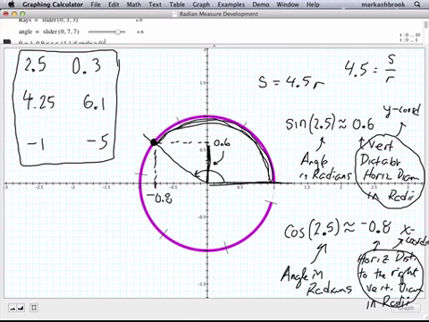Okay, so all I want you to do, just to finish this up, is a little bit, like 5 minutes of homework. Estimate the sine and cosine for all 5 of those angles that you drew, and we'll just turn that in with your homework tomorrow.